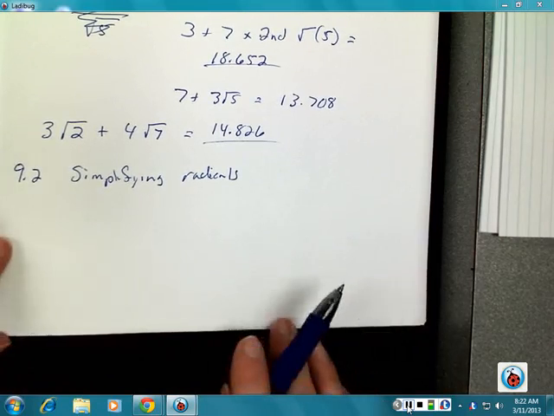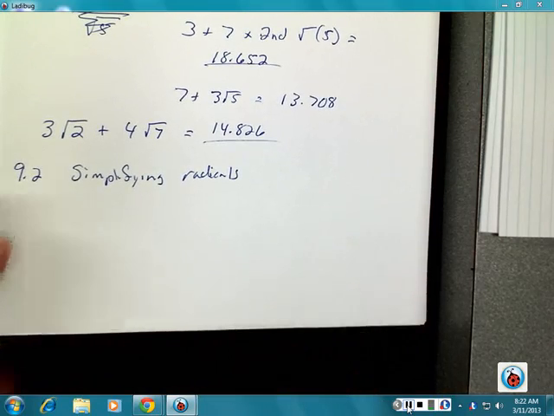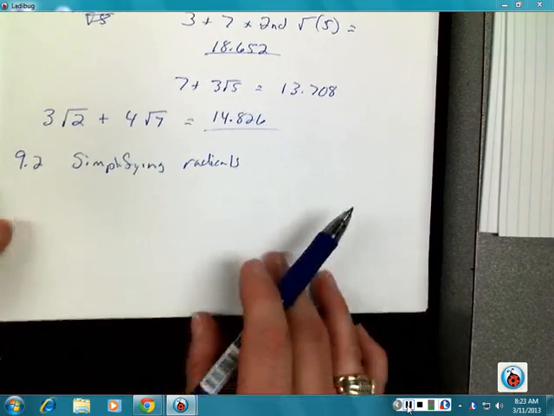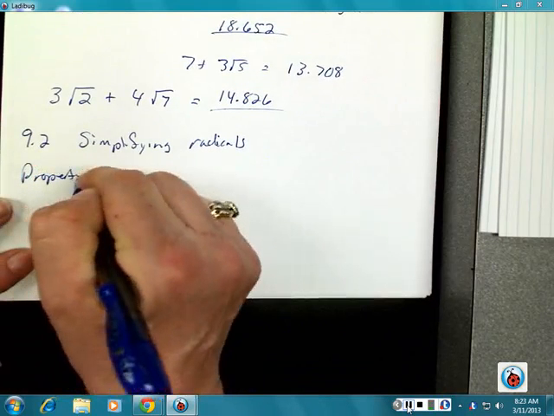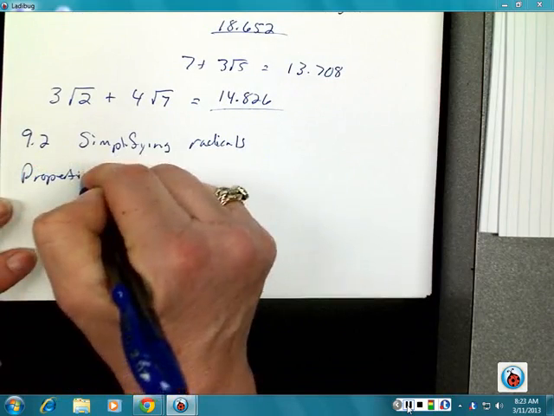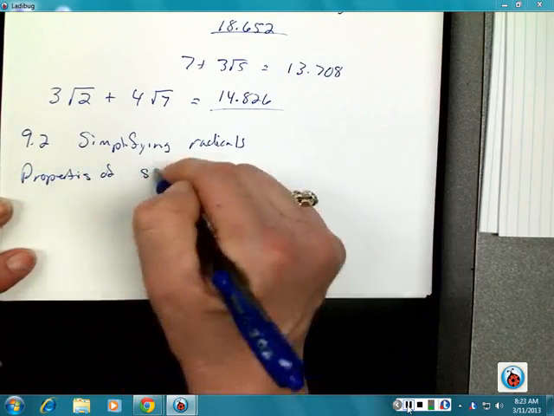In 9.2, this is probably one of the trickier pieces in the whole chapter. But what they do in this is there's 2 separate properties that are involved. So, properties of square roots.